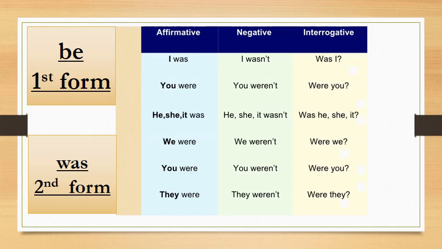First of all, we'll learn about the form of verb be. These are the examples of verb be. In the past tense, we always use second form of the verb.